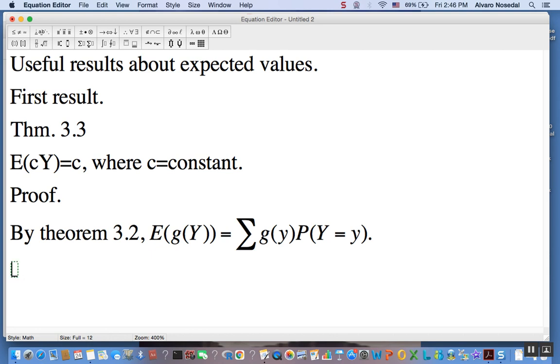So let our transformation be this. g of y equals a constant. Okay?